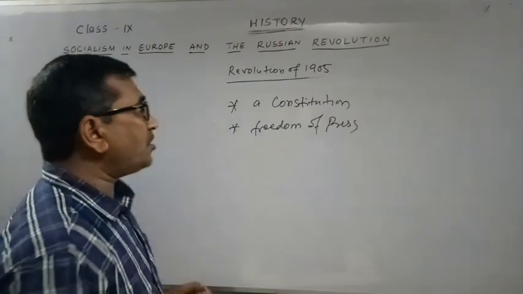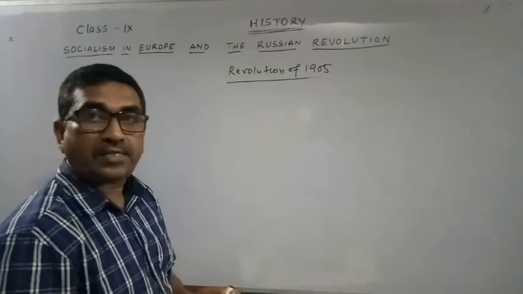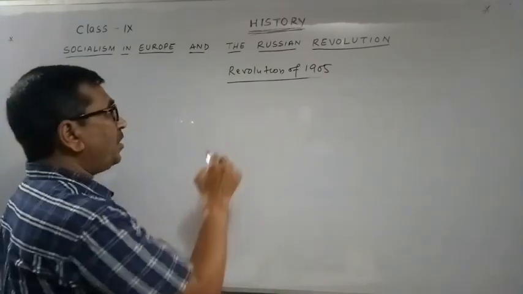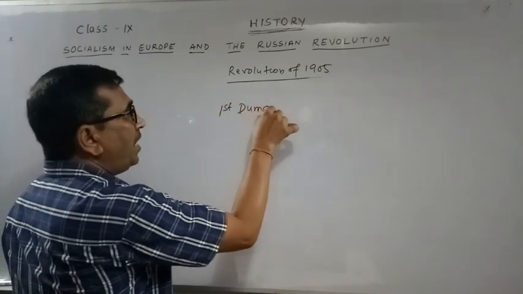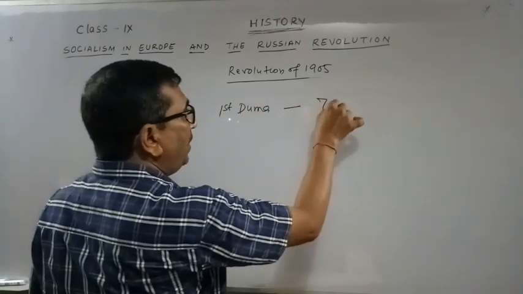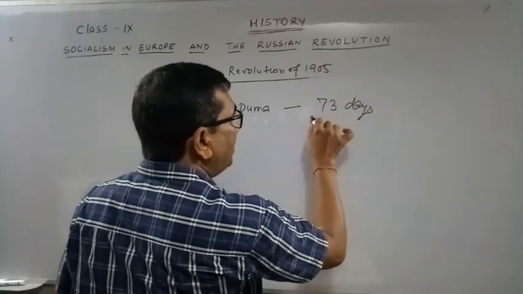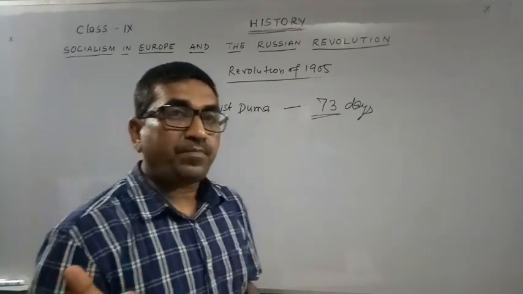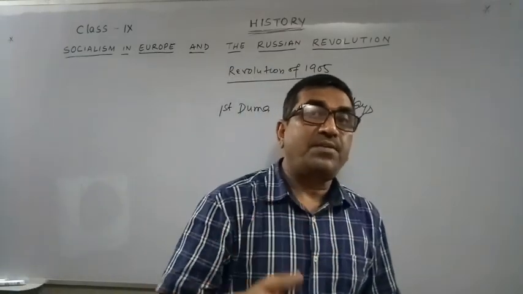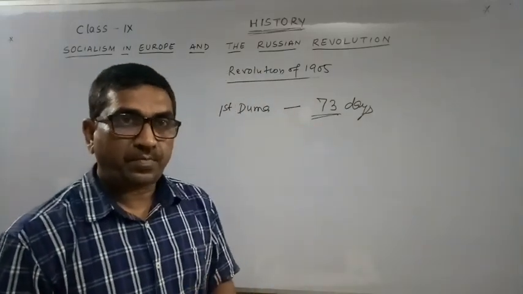The Duma, we can say, was an organization of a representative body. The first Duma that was appointed lasted only 73 days, and was dissolved.